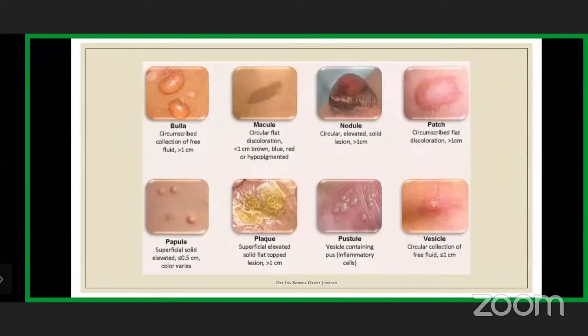Going ahead, we have more pictures, maybe showing the same. A new one is the patch. It's a circumscribed flat discoloration, greater than 1 centimeter. So let's consider this and check the vocabulary, memorize this.